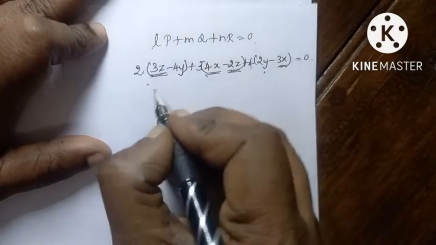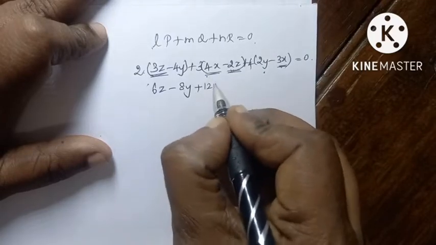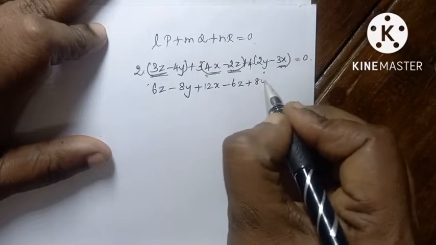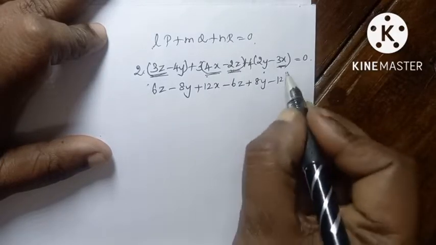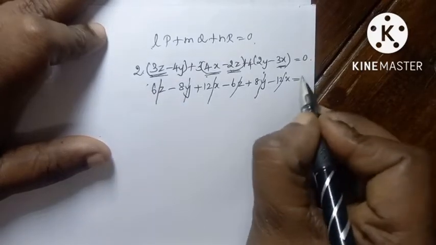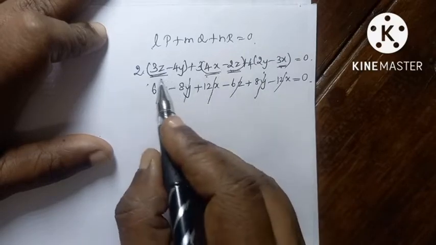See, you multiply: 6z minus 8y, 12x minus 6z, 8y minus 12x. 12x gets cancelled, y and z get cancelled, giving 0. So 2, 3, 4 are the multipliers.